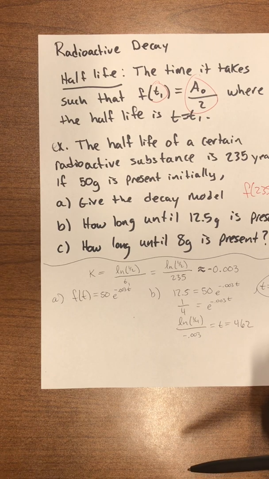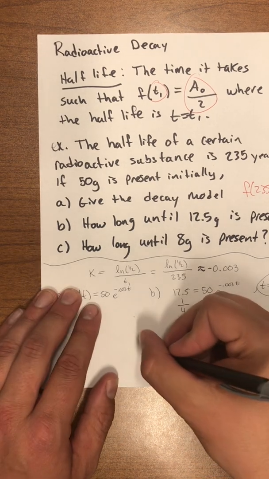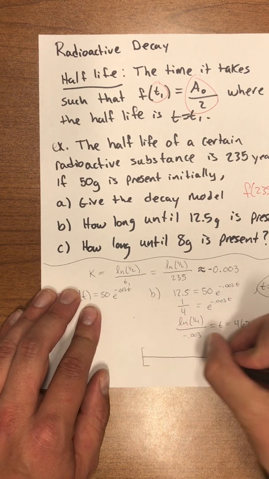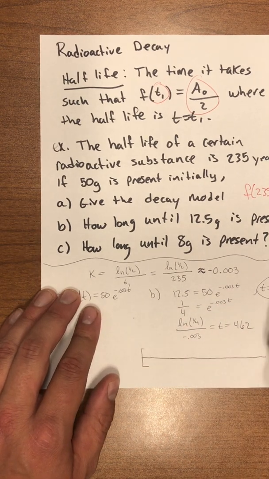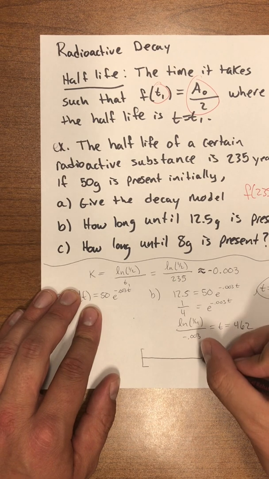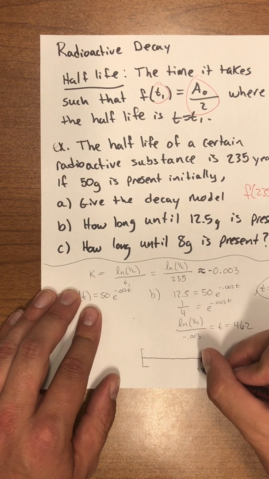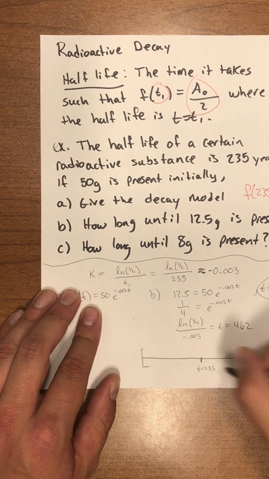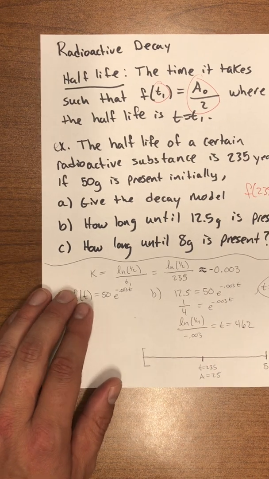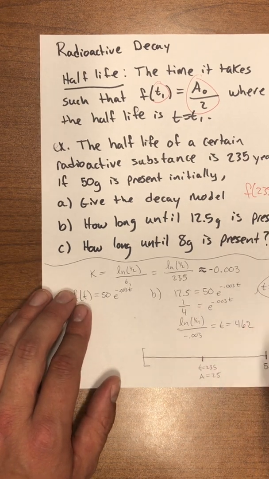So if we start with 50, then when t equals 235, a equals 25. So we're cutting the amount in half.